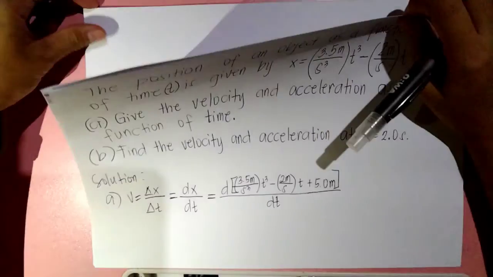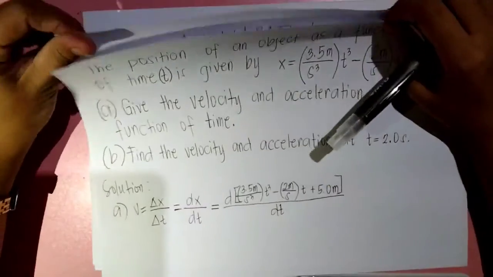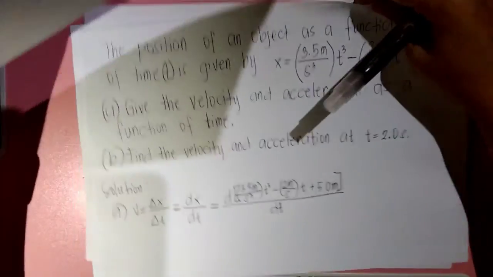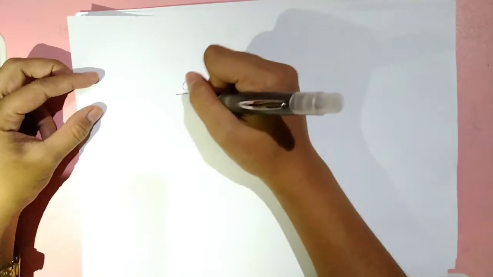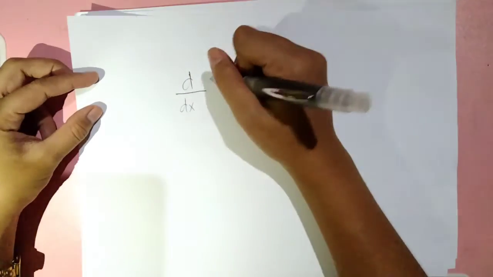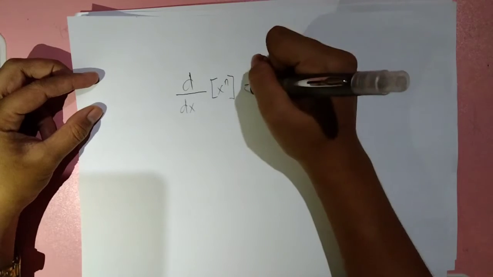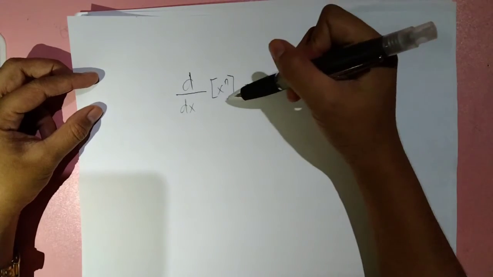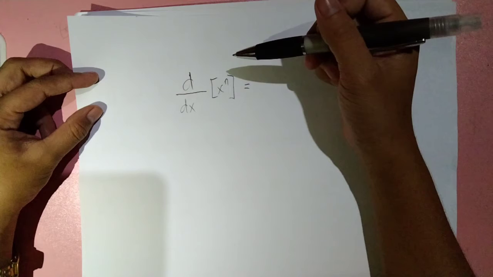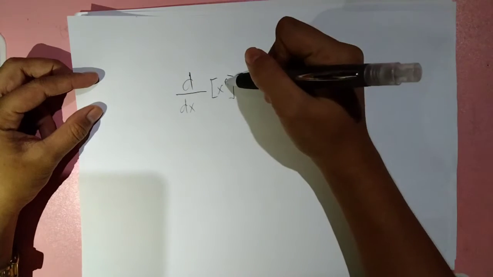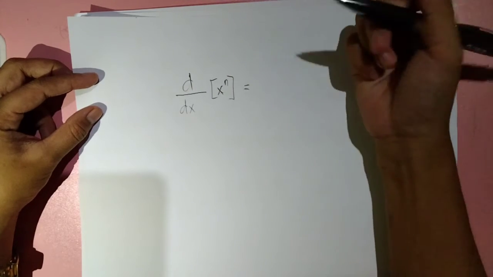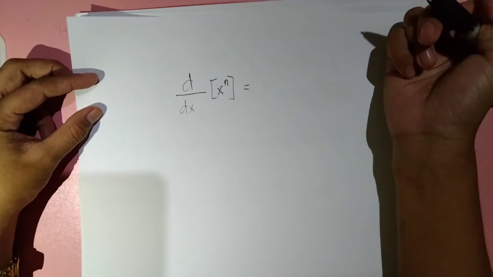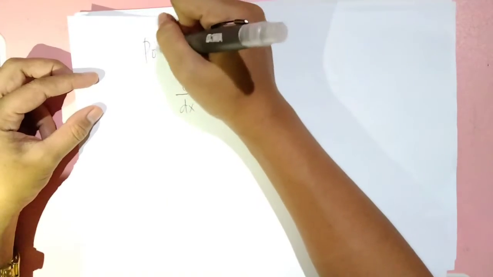So what is the power rule? The rule is presented in this form of equation. If you have the variable x to the power of n, that means the function involves an exponent. That is why it is called power rule.